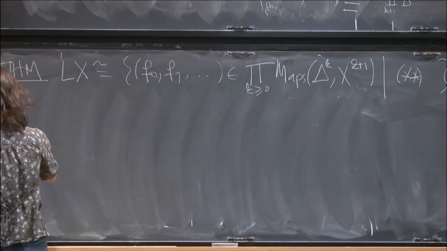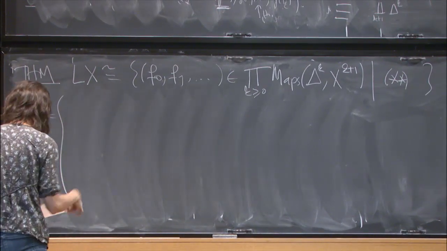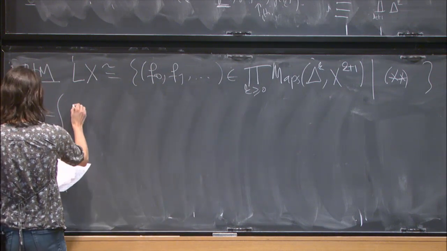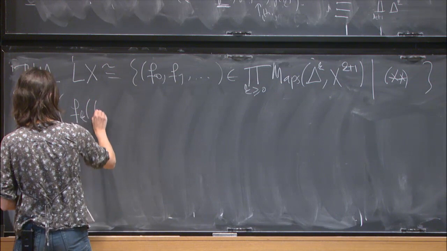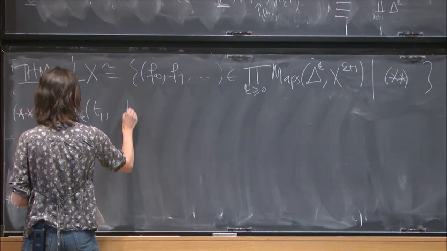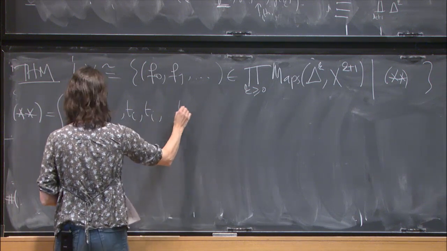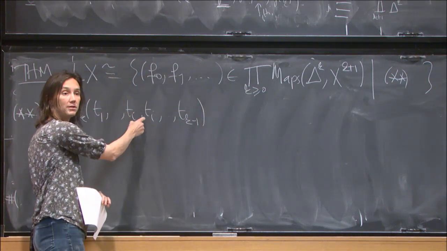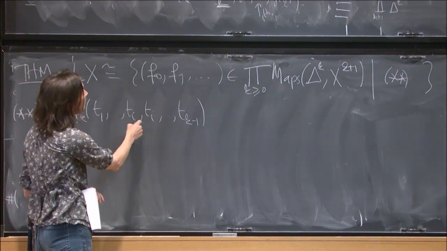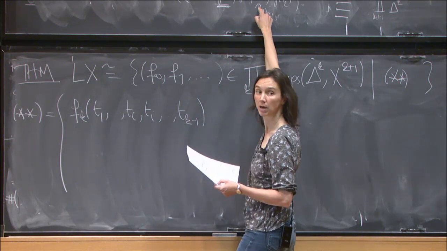And what is this? Well, it's the obvious relations that these maps satisfy, and you will see these simplicial identities show up. What sort of relations do we have? If I take fk of t1, ..., ti, ti, ..., tk minus 1, I have a repeated ti. If I repeat my ti, then I will repeat my map here.